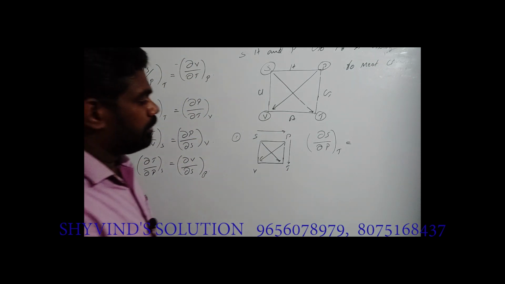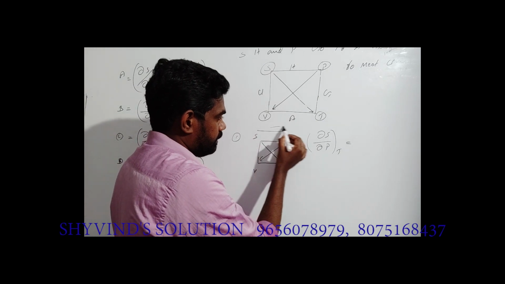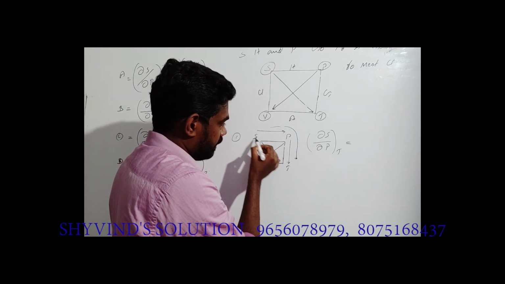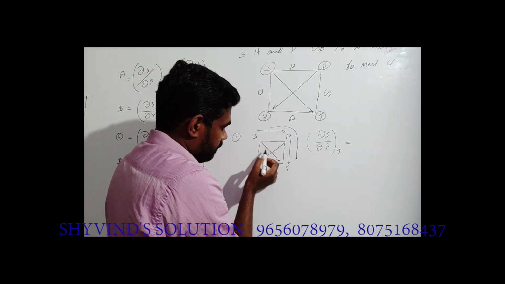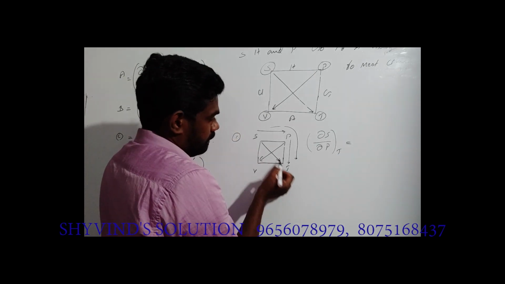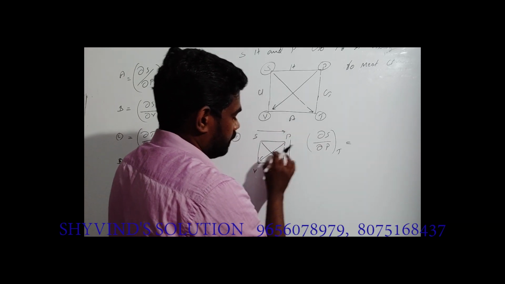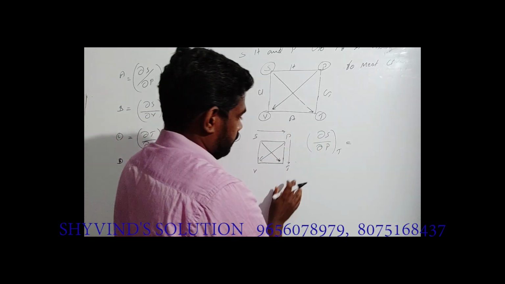For the sign, you can see the entropy to temperature arrow is pointing in this direction, so both are in the same direction, and we put a positive sign here.